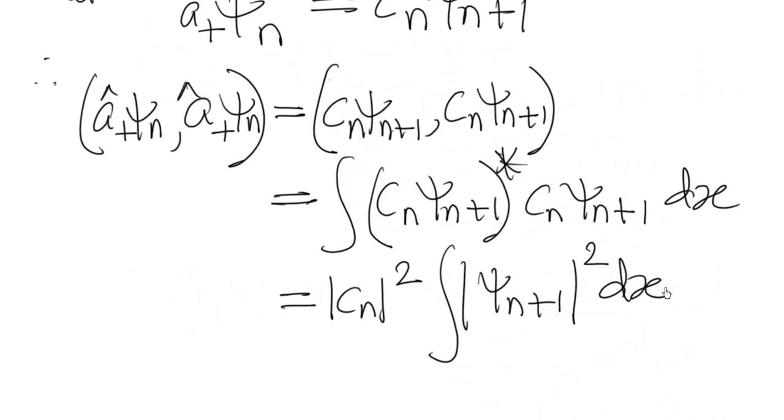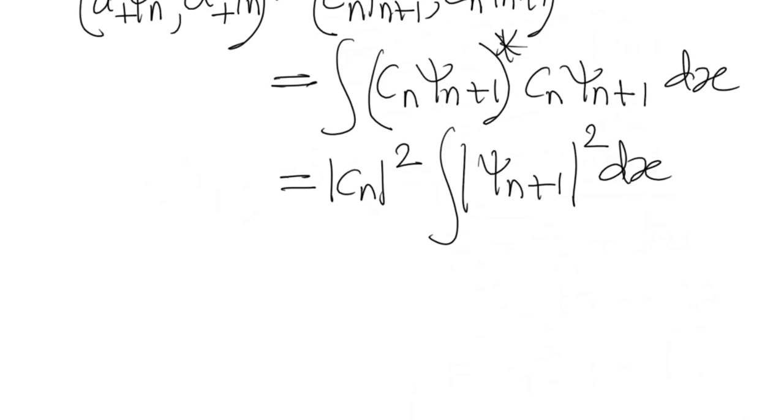The integration of this has limits from minus infinity to plus infinity, and this is from normalization. If we assume that psi n plus 1 is normalized, then this integral is 1, total probability, so we have cn square here.